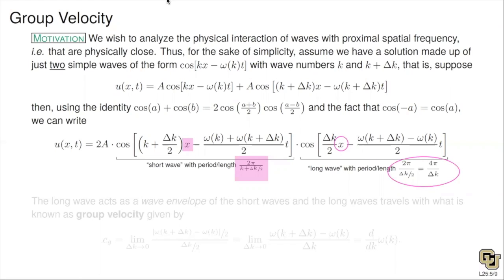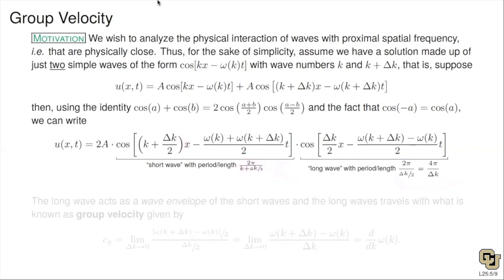And so here, if you compare them, I'm calling this the long wave, and I'm calling this the short wave, because here the denominator is bigger. Here you can rewrite this and multiply top and bottom by 2. So you can rewrite this as 4 pi over (2k plus delta k). And you can see this has a bigger denominator. So this is a smaller fraction. So we have our so-called short wave.